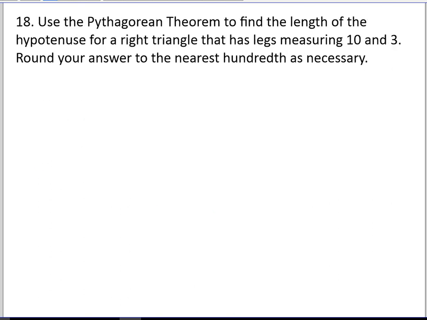We're going to look at 18 next, dealing with the Pythagorean theorem. And remember, the Pythagorean theorem says that the square of the hypotenuse equals the sum of the square of the legs. C squared equals A squared plus B squared. And it's telling us that the legs are measuring 10 and 3.